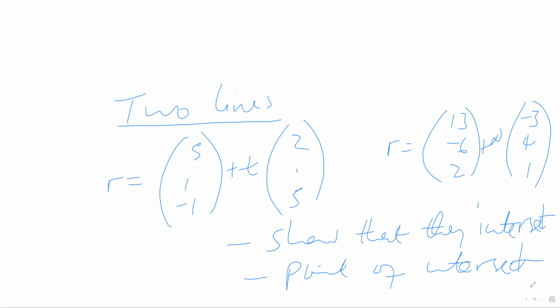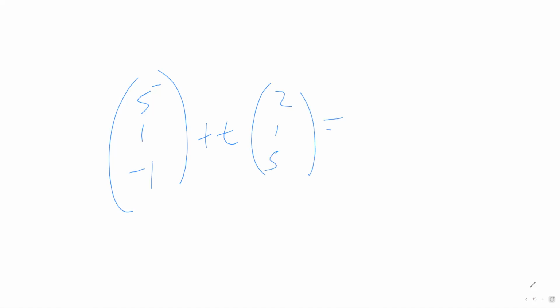So we've been given two lines here. If they intersect, it means we can set this equal to that. It's more like when you're solving two equations: you solve for the point of intersection.